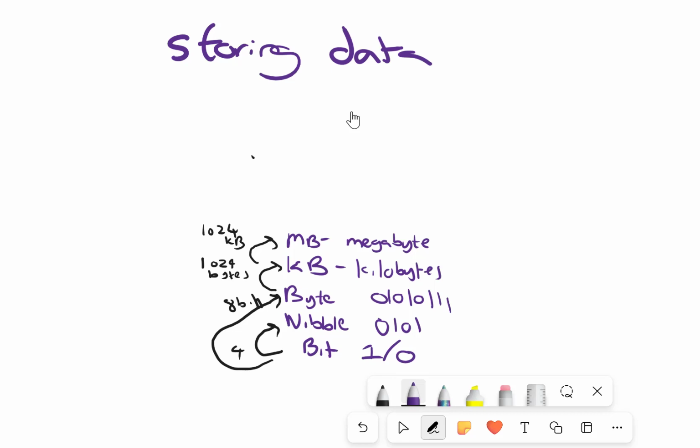We then have gigabyte. And again, that's 1024 megabytes this time. 1024 megabytes make 1 gigabyte. We then have terabyte.